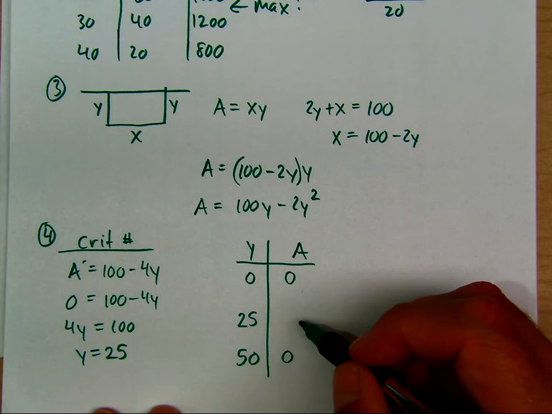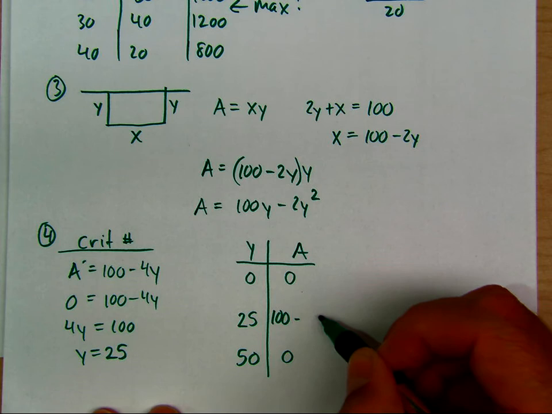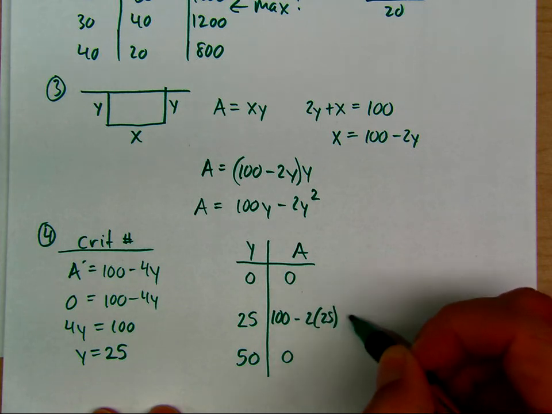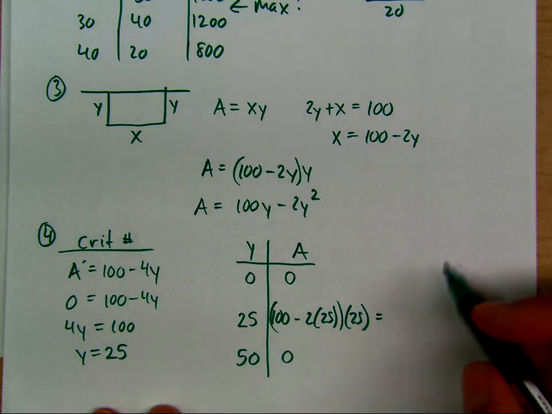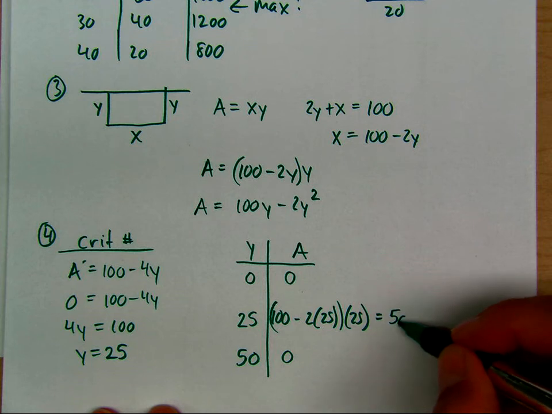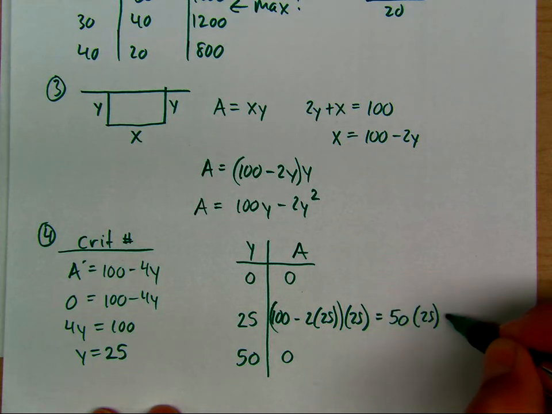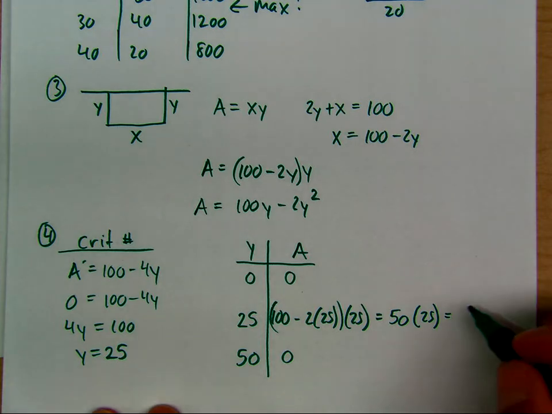And then we'll put in a 25. So we have 100 minus 2 times 25 times 25. Here's 50, and we have 100 minus 50 is 50 times 25, and 5 times 25, 125.